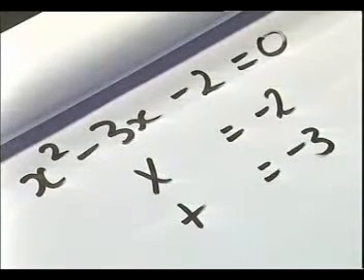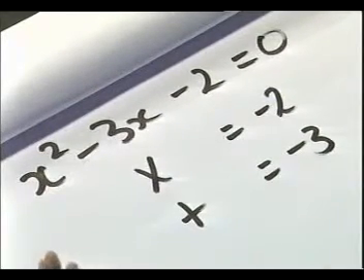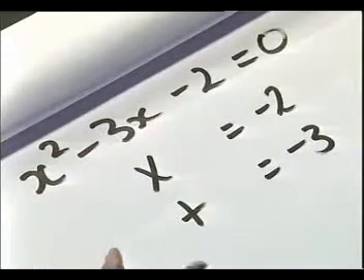Well, that would suggest 1 and minus 2. But no matter how we try and add 1 and minus 2 together, we're not going to get minus 3. And if we said, well, let's try minus 1 and 2, then again, they're not going to add together to give us minus 3. In short, this question does not factorize.